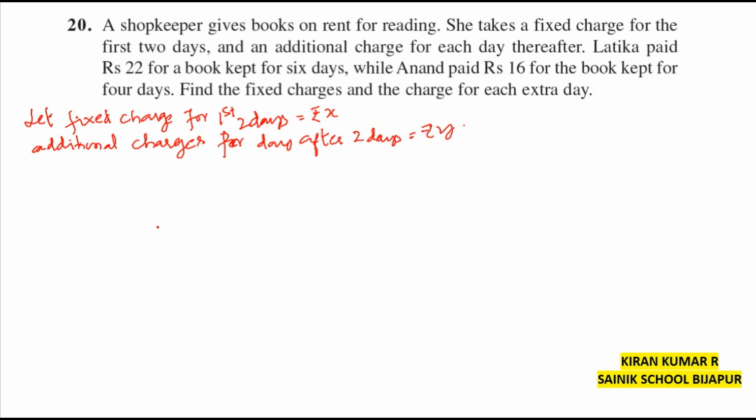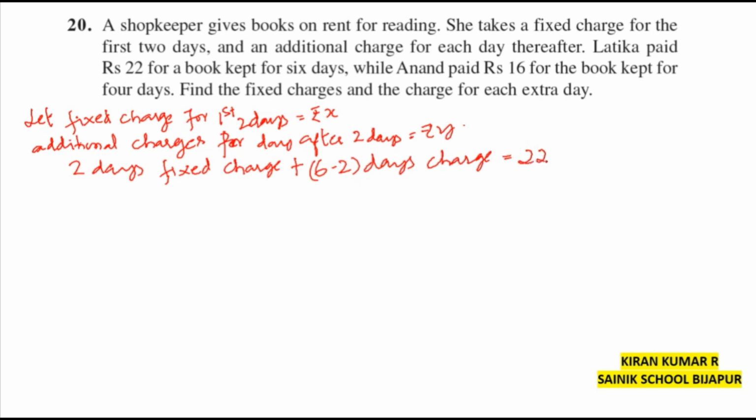They have given that Latika paid Rs 22 for 6 days. So it means that 2 days fixed charge plus 6 minus 2 days charges per day. So let me mention it here: 2 days fixed charge added to 6 minus 2 days charge.